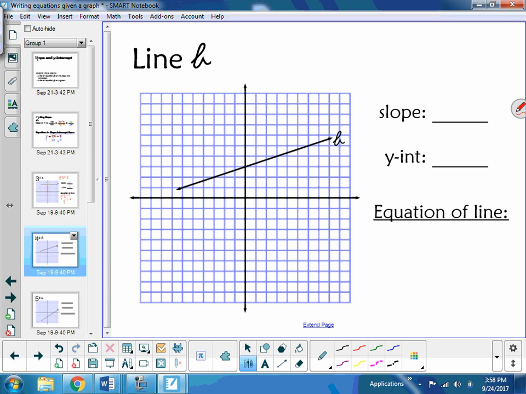Okay, let's look at line B. This is cursive B. You can see the B clear to the right, just right under the letter A. It got a little messy in there. Now, when we go to find points to count, we need to look for really good points.